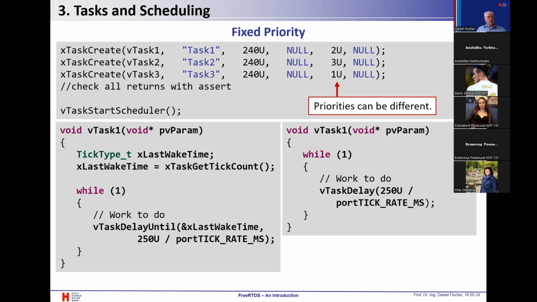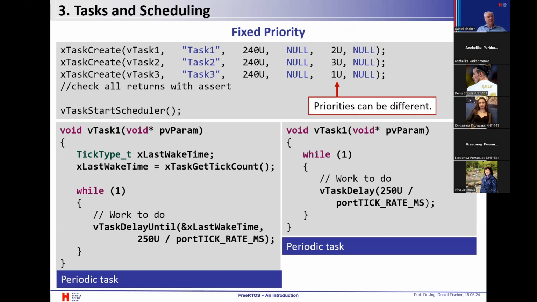We have now different priorities, and we have now so-called periodic tasks. The periodic task, what is the difference compared to a continuous task? The difference is that you have here a function call of the RTOS function, vTaskDelay, or vTaskDelayUntil.